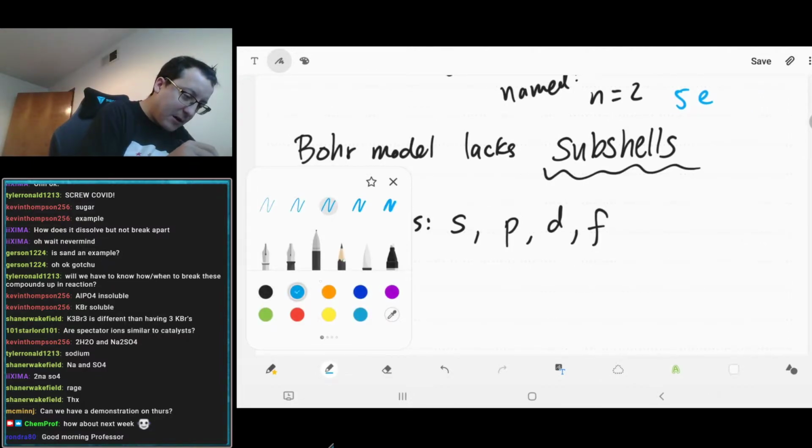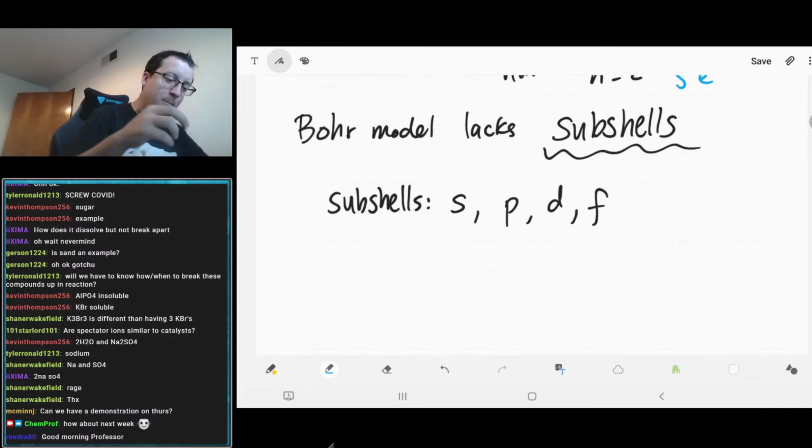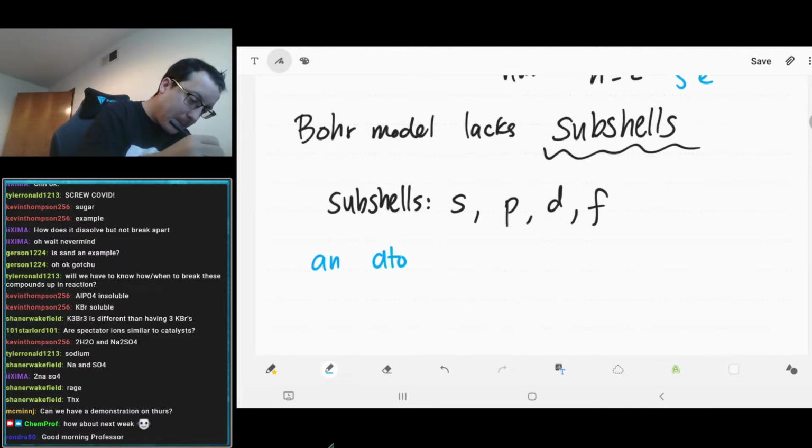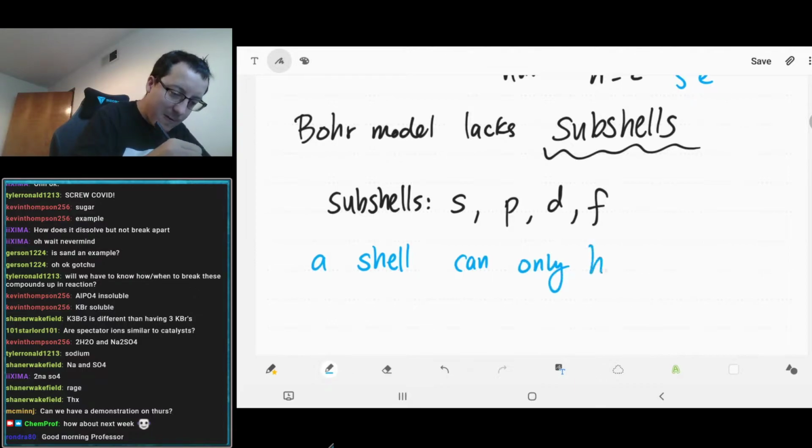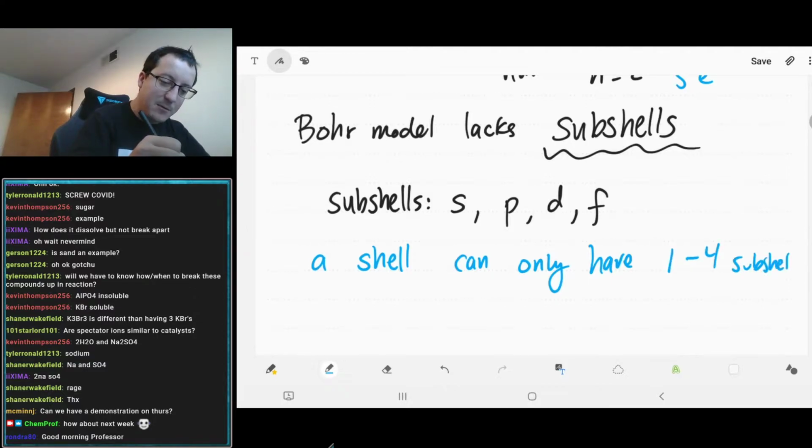And just so you know, a shell can only have between 1 and 4 subshells.